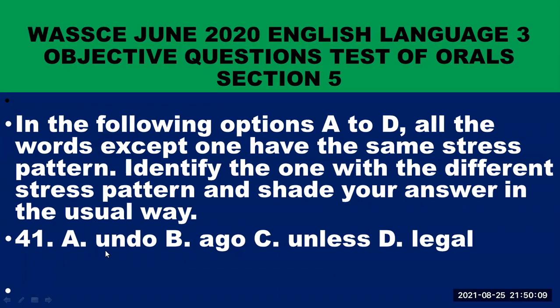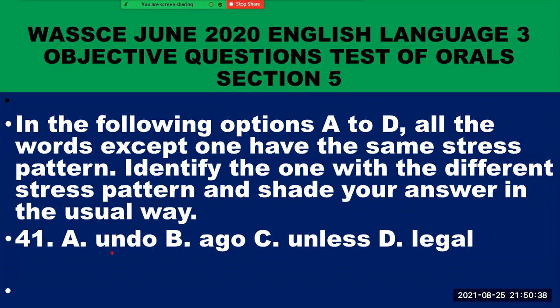A is "undo". You see that stress is on the second syllable because the first syllable is a prefix. And one of the rules of stress is that prefixes are almost always unstressed.